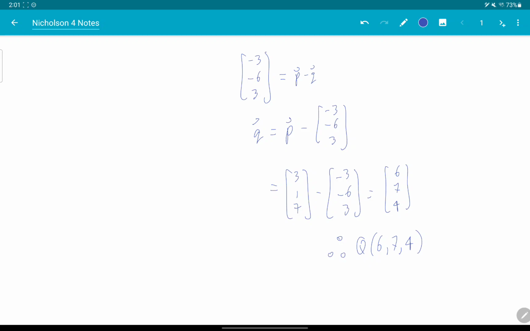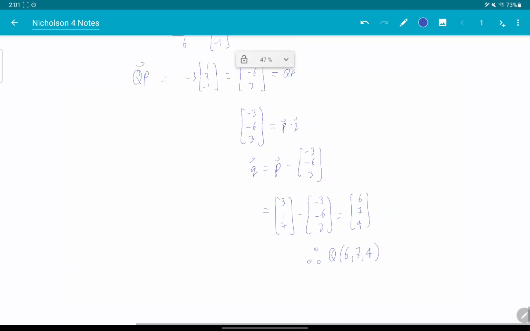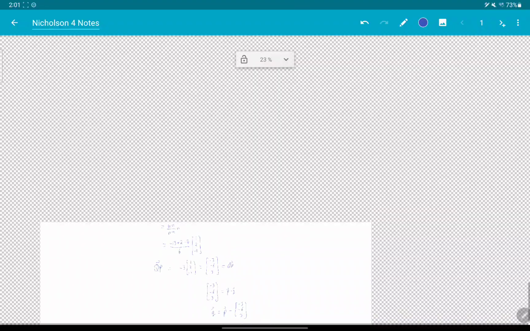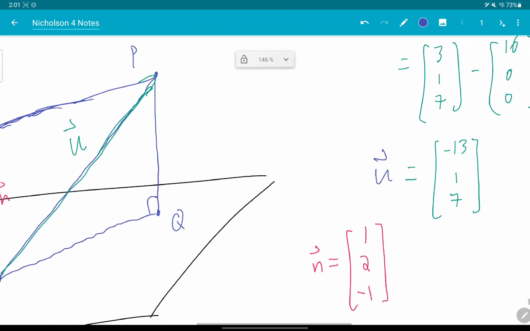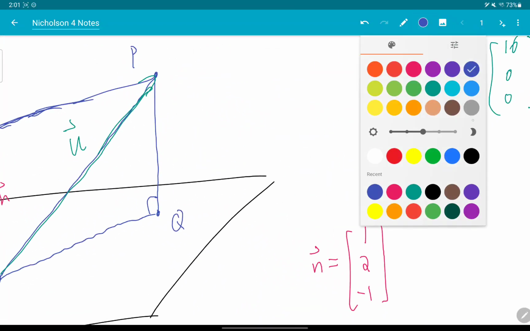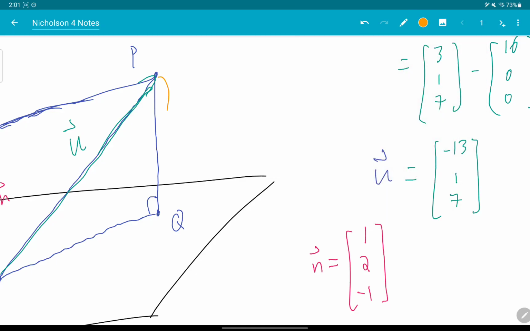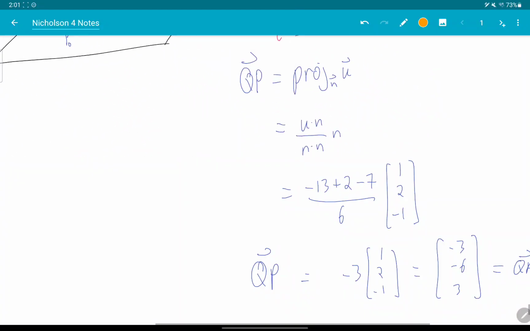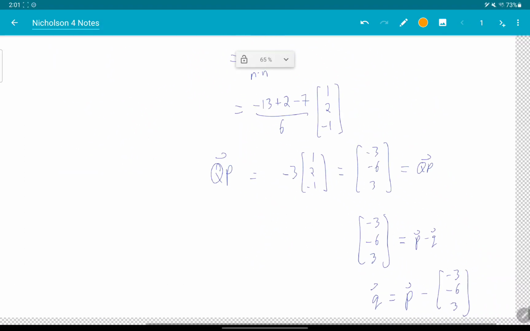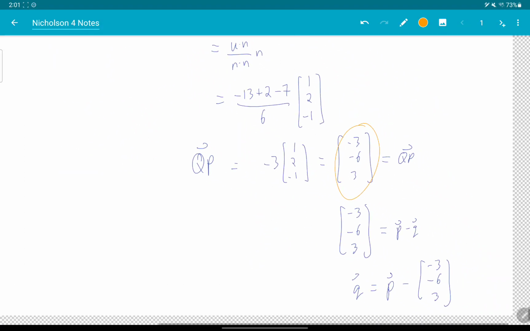And the distance I want is the length. Let's go back to the picture. The distance I want is this, orange. This distance is the length of QP. I can find that just by noting that QP is given here.